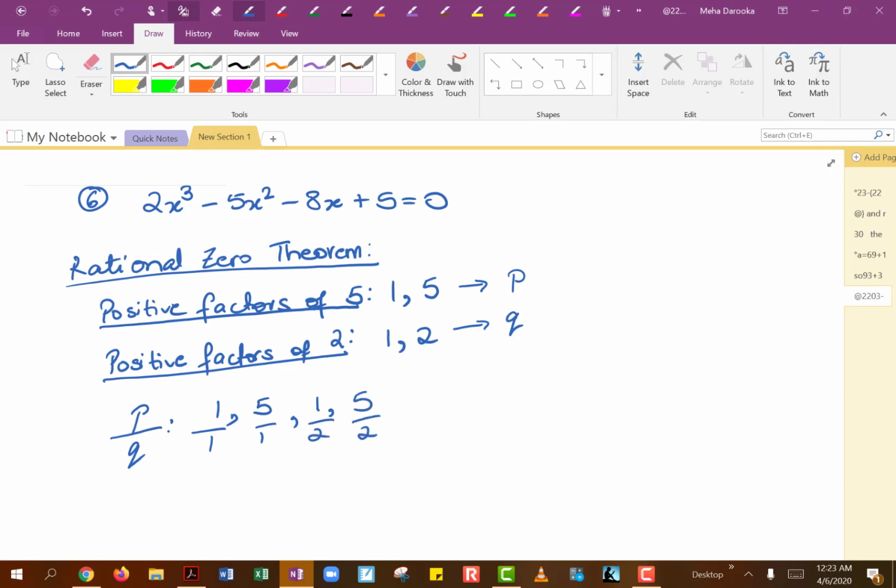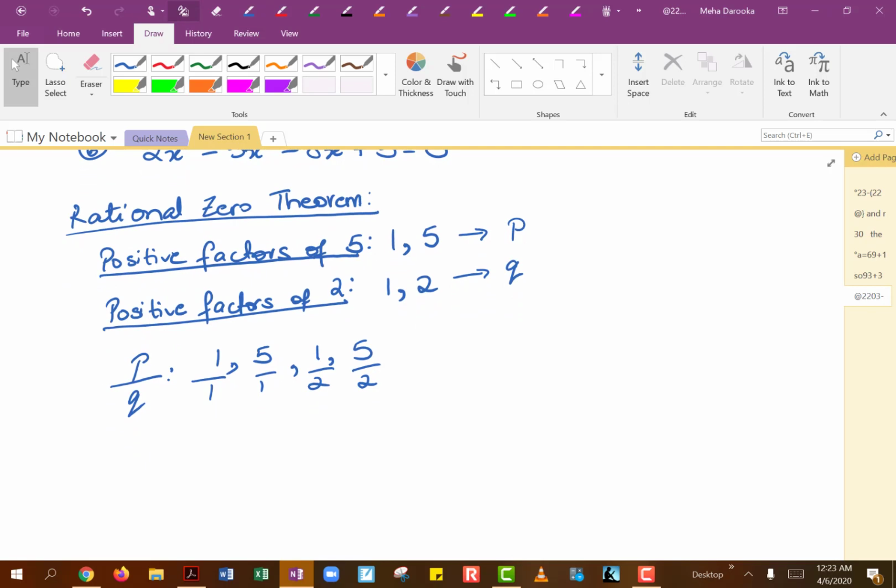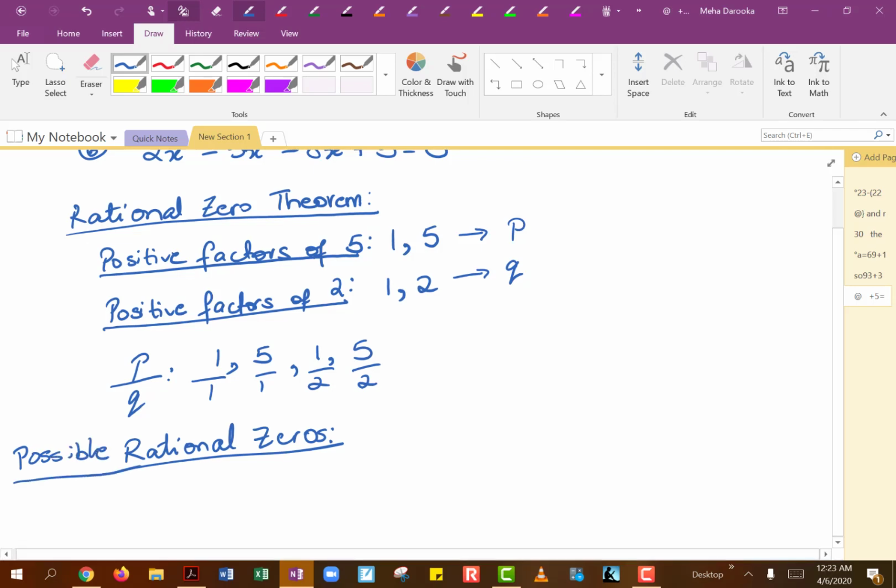Because each of the p values has to be divided by each of the q values, and then putting it all together, these are all the possible rational zeros, because we don't know which one of these are going to work, right?